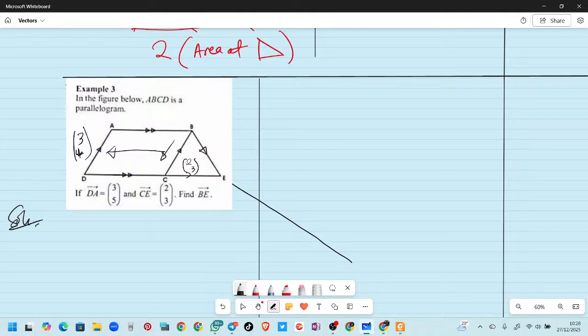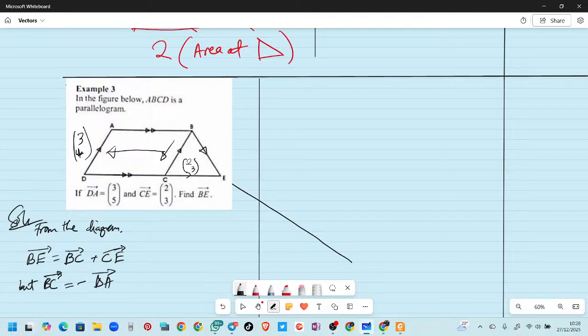So from the diagram, I don't want to draw the diagram again. I'm tired. From the diagram, BE is what? BC plus CE. You get it? But BC is negative of what? DA.